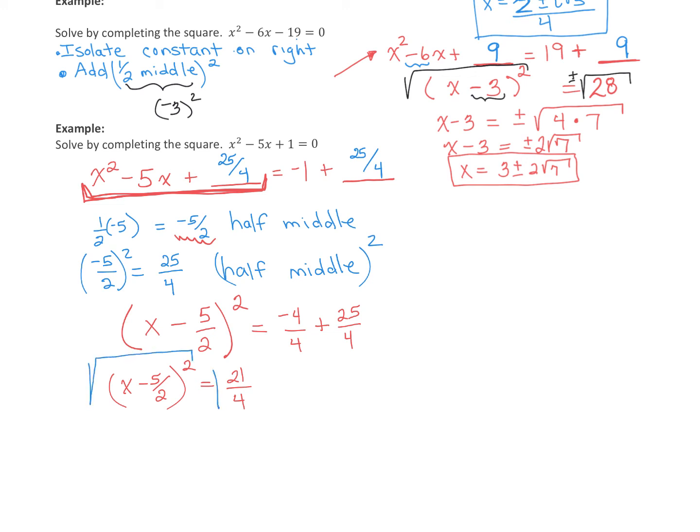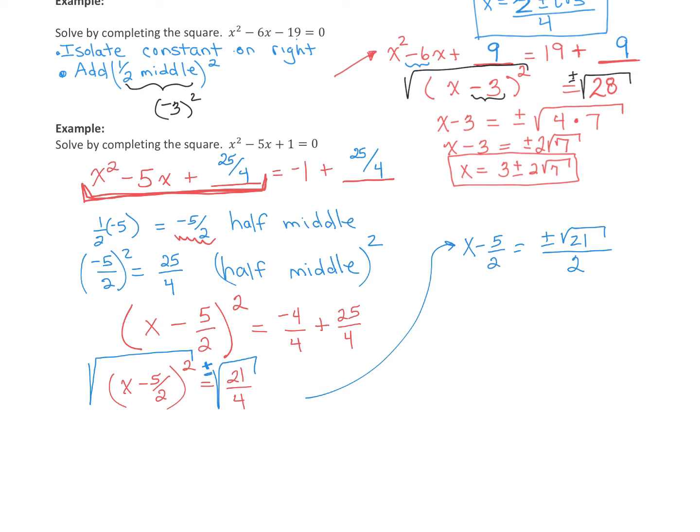So we take the square root of each piece, remembering to take the plus or minus, and we get x minus 5/2 equals plus or minus root 21 over the square root of 4, which is 2.